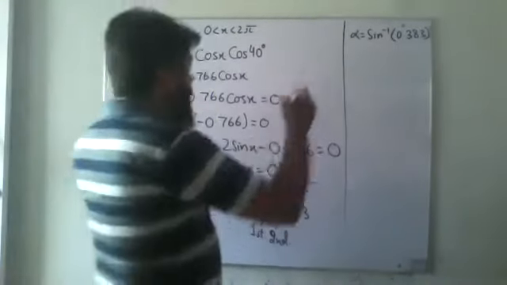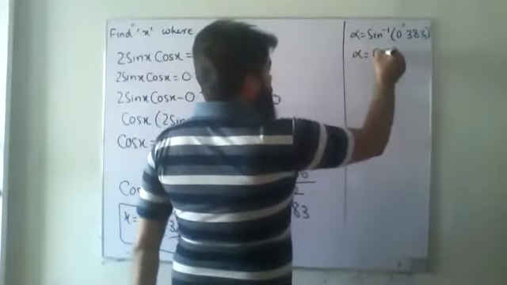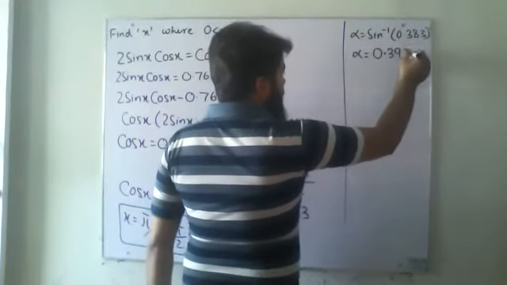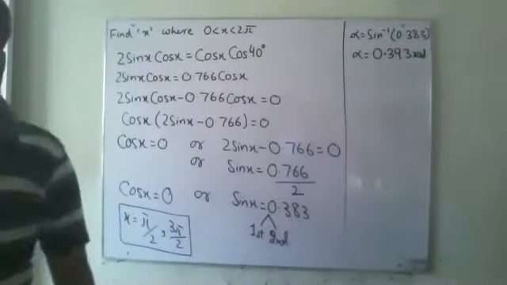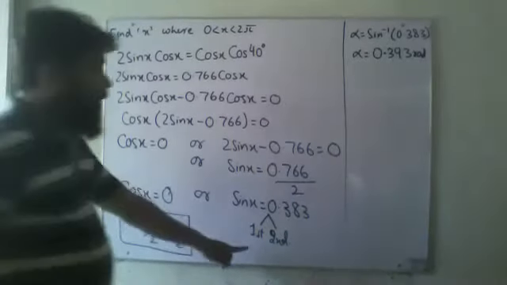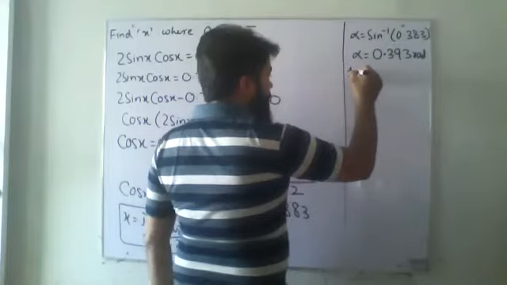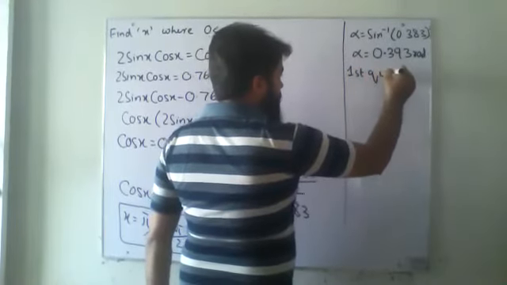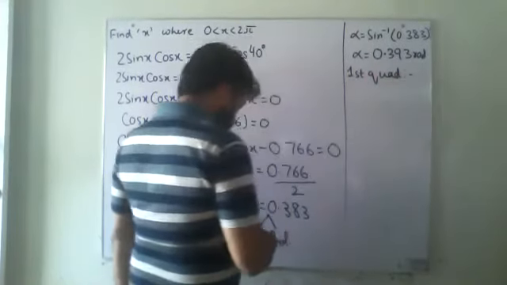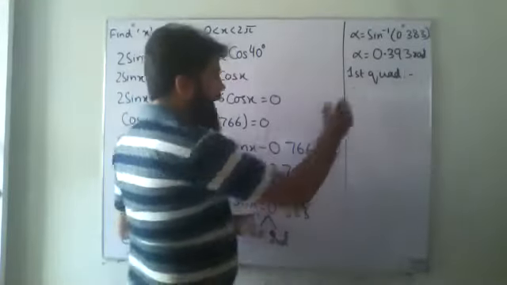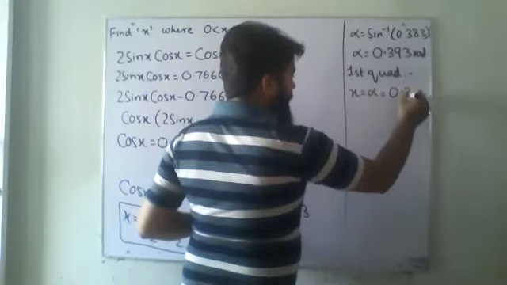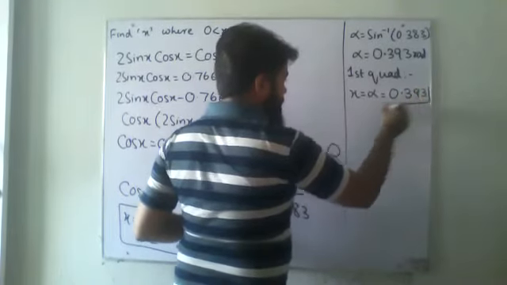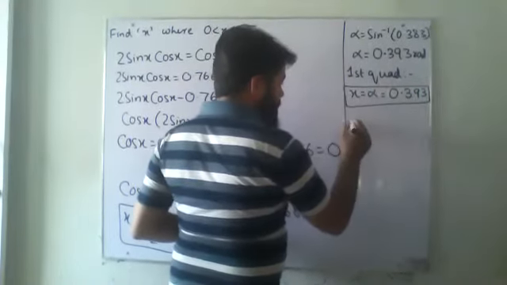The value of alpha comes to 0.393 rad. Now, in the first quadrant, x equals alpha, which is 0.393. That's my first one.